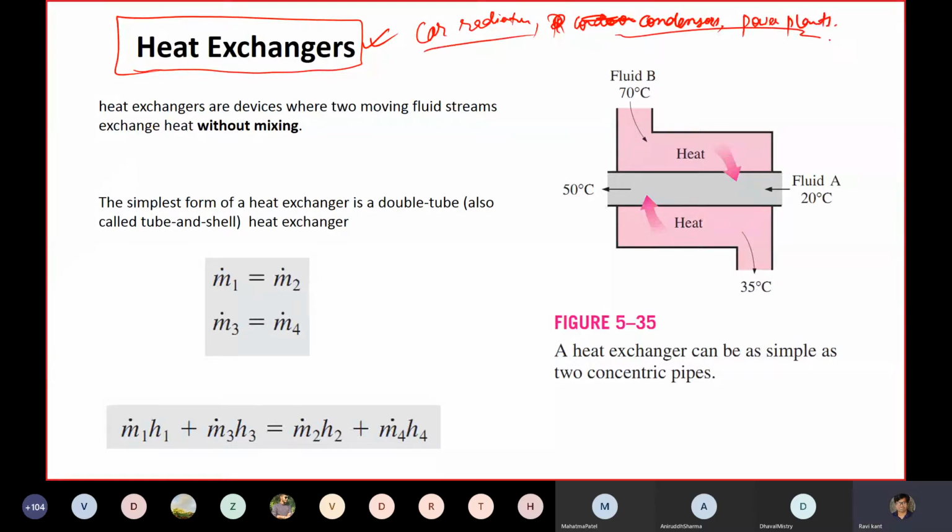So heat exchangers are everywhere. Heat exchangers are the devices where two moving fluid streams exchange heat without mixing. And this is the keyword which you should keep in mind.